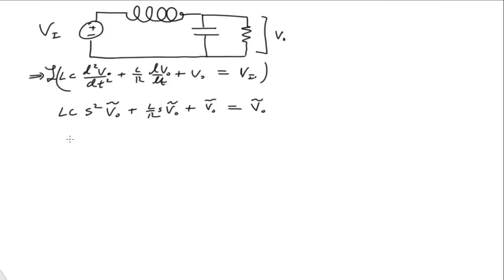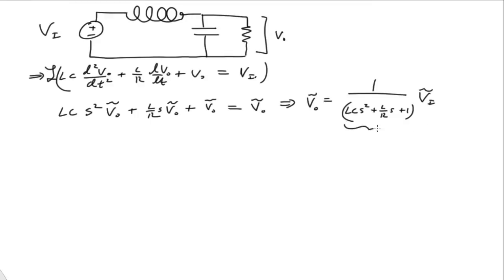Okay, so just like before, we can write this as follows. V out is equal to 1 over LC s² plus L over R s plus 1, all over V in.